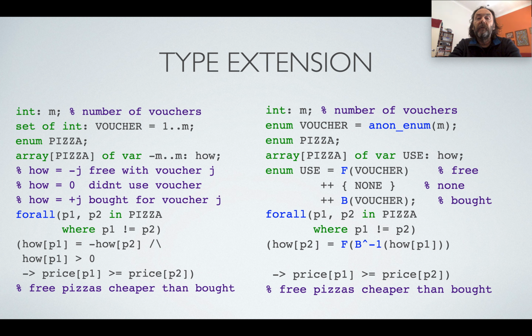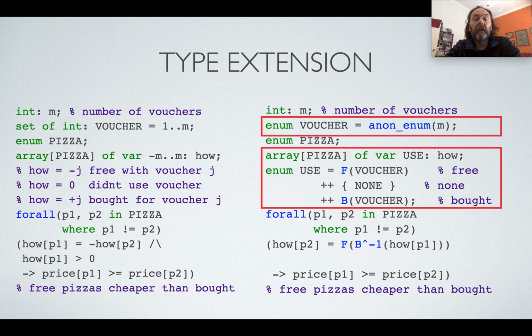So here's the version using enumerated types. So what have we changed? Well, rather than using 1 to n to represent the vouchers, we're using anonymous enumerated types, so we're going to get better type safety there. And the other big thing that we've done is we've changed this use type. So we used to use -m to m, now we're using a type extension type. So we're allowing 3 different things representing different usages.